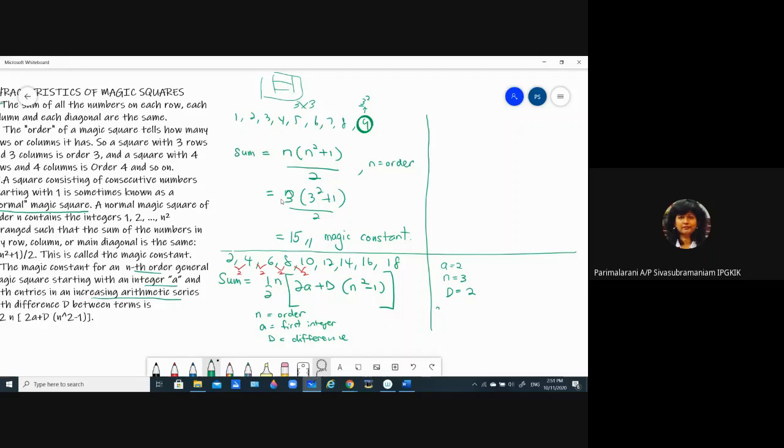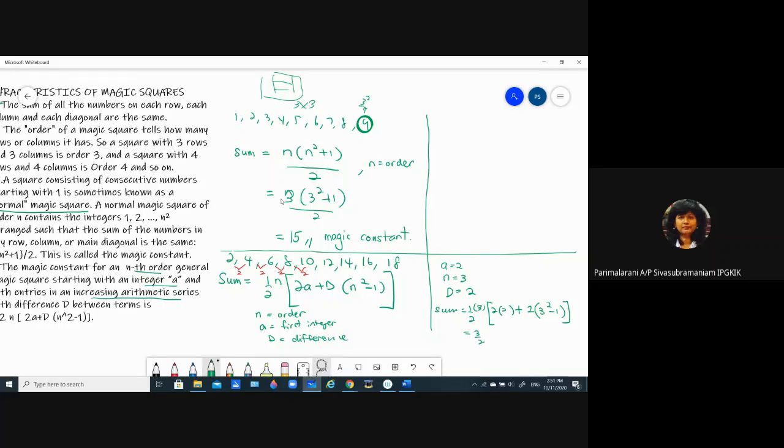So how do I calculate the sum here? It is half, n here is 3, times 2 times a, which is 2, plus d, the difference, which is 2, times n squared, 3 squared, minus 1. So what do we get here?